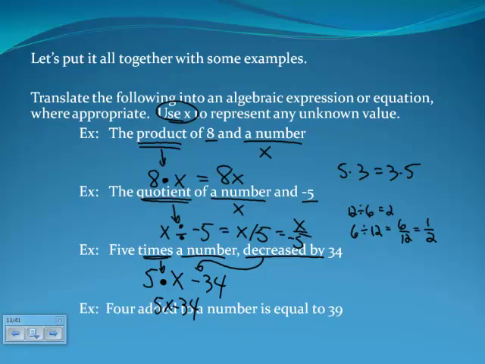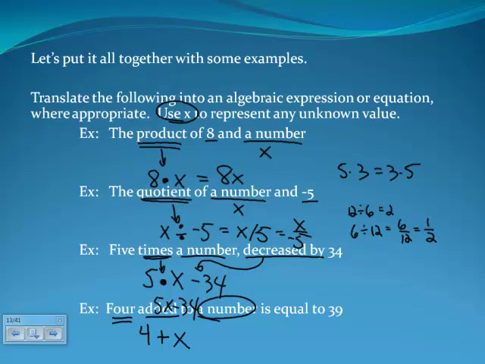5 times a number minus 34. And one more on here. I apologize for writing over that problem. It says 4 added to a number is equal to 39. Reading left to right, we've got 4, of course, is a number. Added always means addition. That's a straightforward keyword. Added to what? Added to a number.